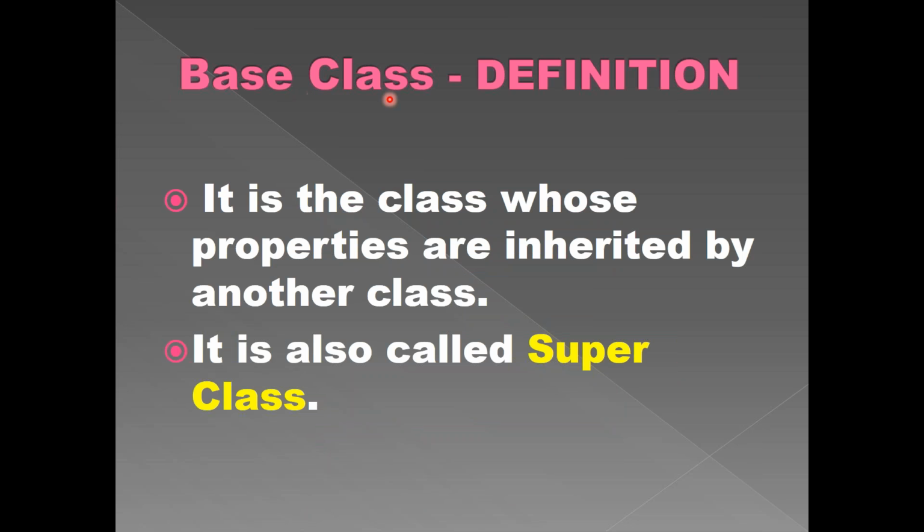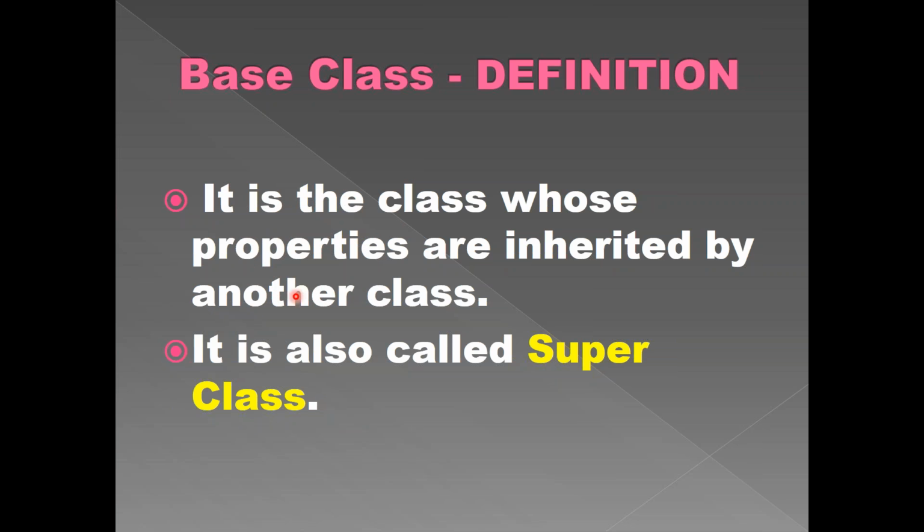Next, talking about a base class right now. It is the class whose properties are inherited by another class. It is also called a superclass. So the base class is nothing but a parent class.